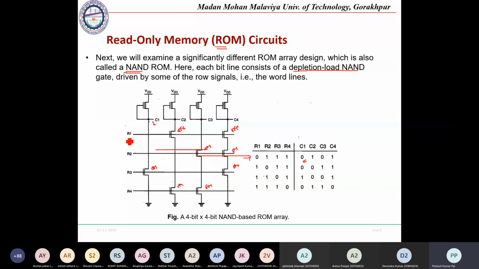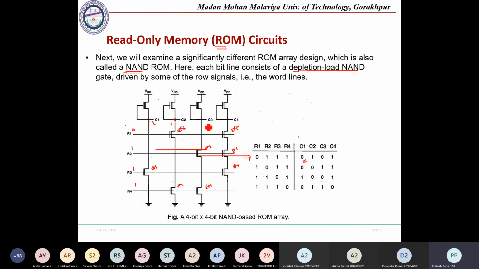Similarly, in case of C2, we can see one transistor is off because R1 is 0 and these are 1 1 1. If this is off, then whatever value is there, that is 1 at C2, will remain the same. Similarly, in case of C3, these transistors are on at the same time.